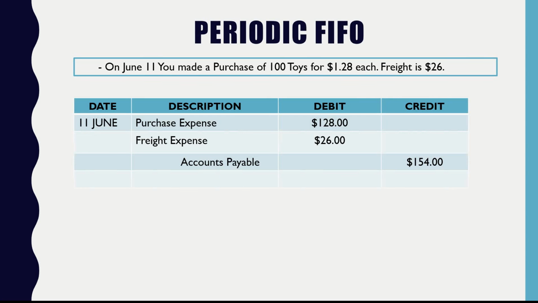So once again, we're going to take a look at the second section, the second scenario, where on June 1st, you made a purchase of 100 toys, but this time it's at $1.28, and the freight is going to cost me $26.